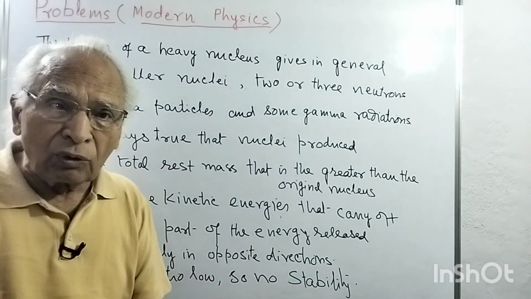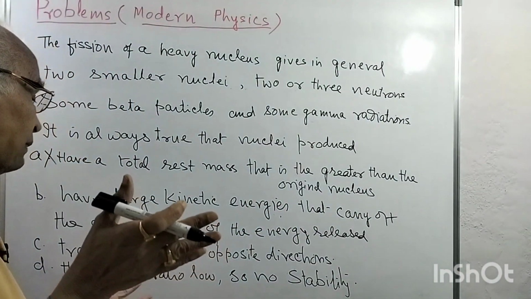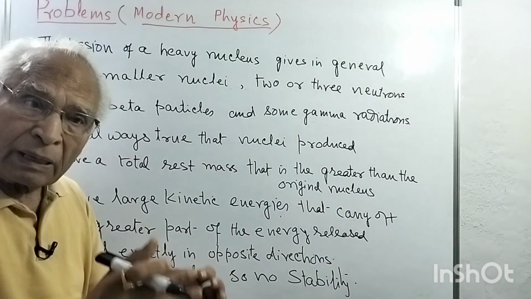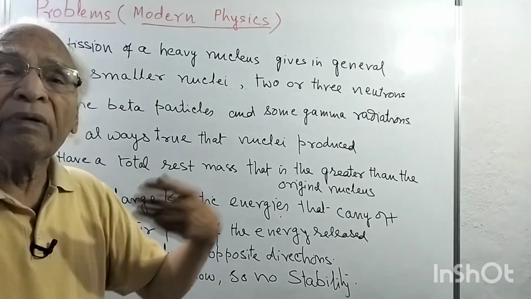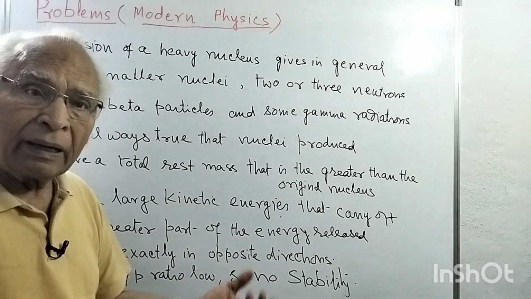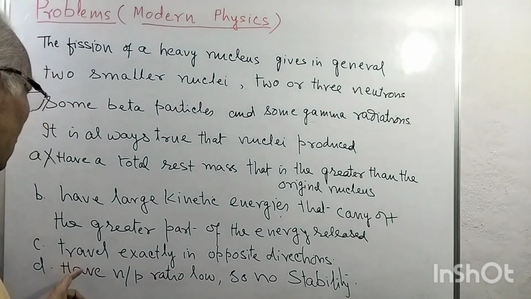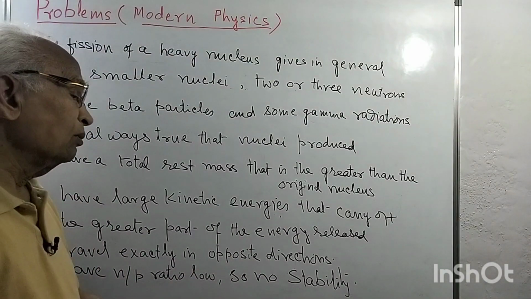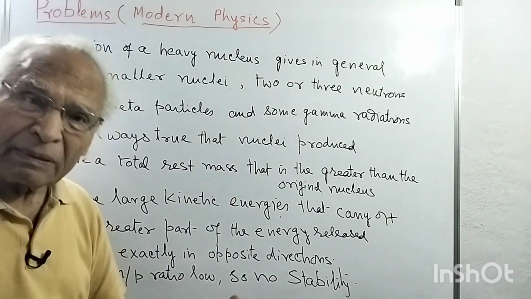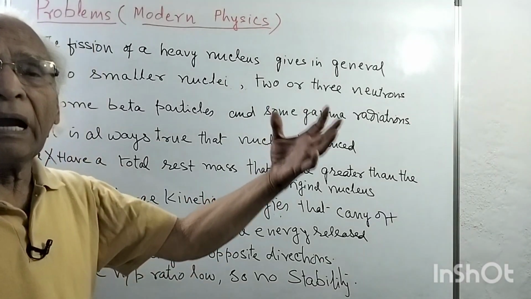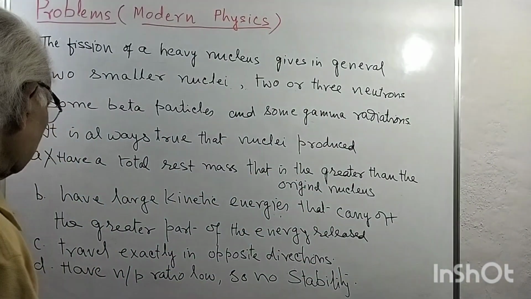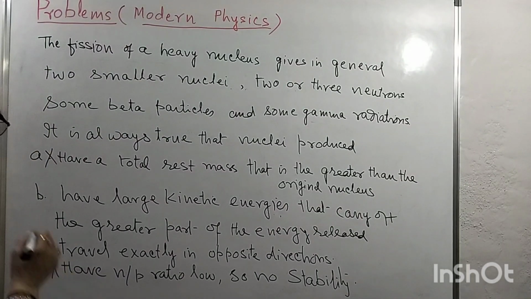So if the neutron-proton ratio is smaller, the system will not be stable, but we have stable heavy fragments which are moving with kinetic energy, and beta particles and gamma and neutrons, etc. So have NP ratio low, no stability, while fission fragments are stable, and they are moving with kinetic energy and producing lot of heat. So this thing also is not true.